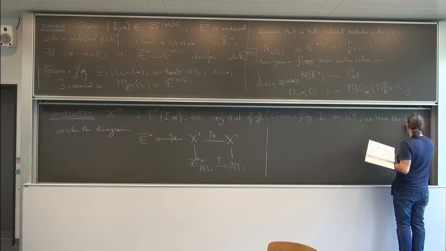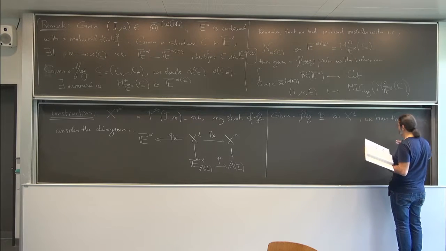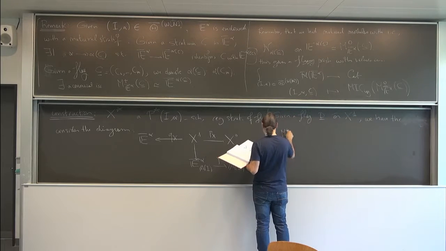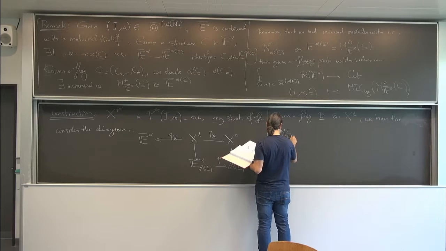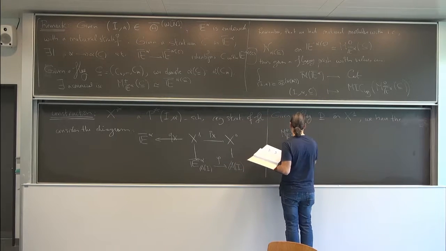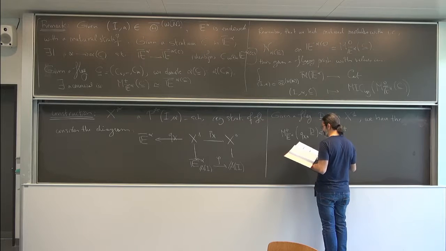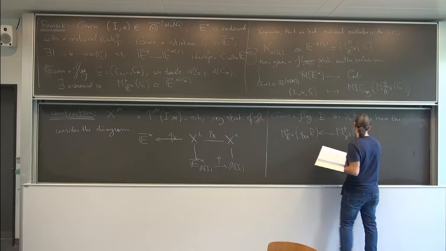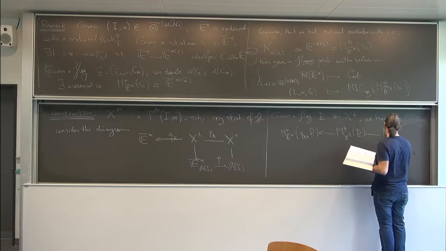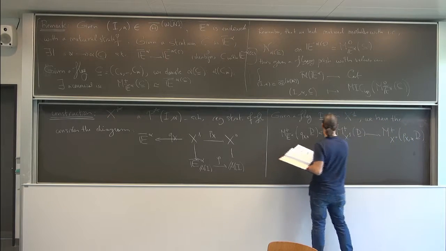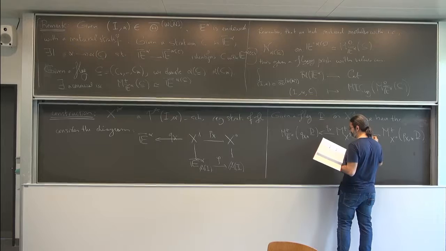We have the following morphisms: M plus E alpha, qX star, going to M plus X1, and then M plus X0 with pX star. I denote this by qX, and this is pX.